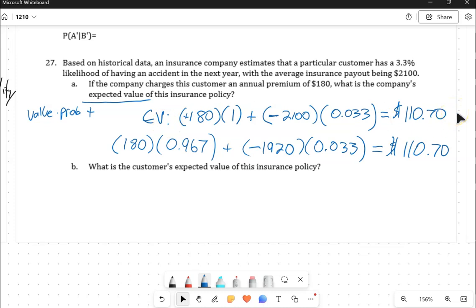The customer's expected value is the exact opposite of the company's expected value. You don't have to redo this process at all. With expected value, there's one party or the other party, company or customer, winner or loser, casino or player. There's always two people involved, and the expected values are always just the opposite of each other.